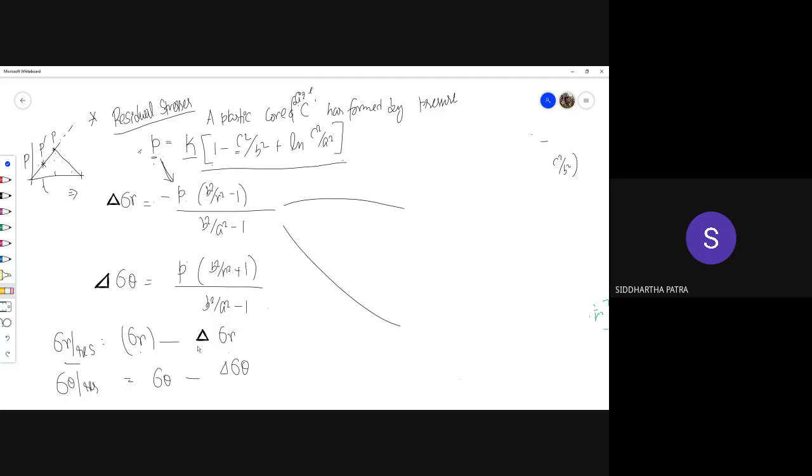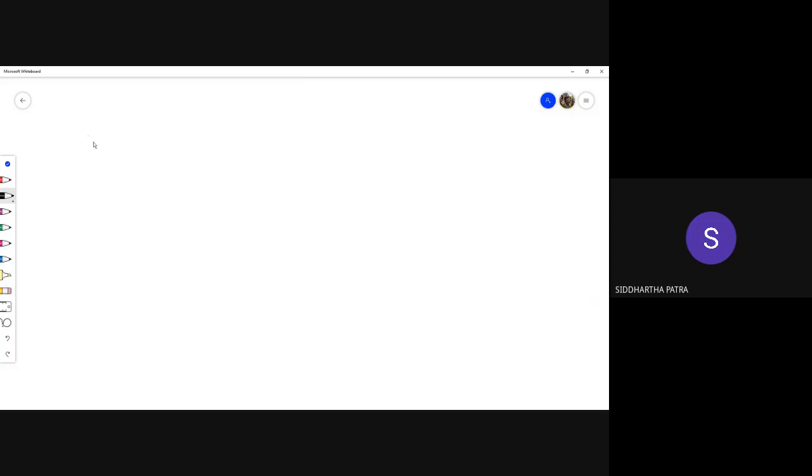You can get the expressions for the residual stresses. Meanwhile, I'll give you a couple of assignments.